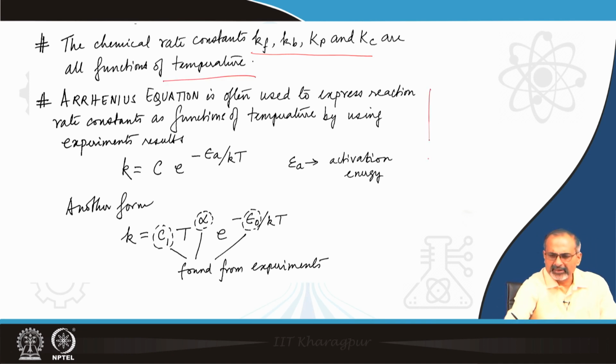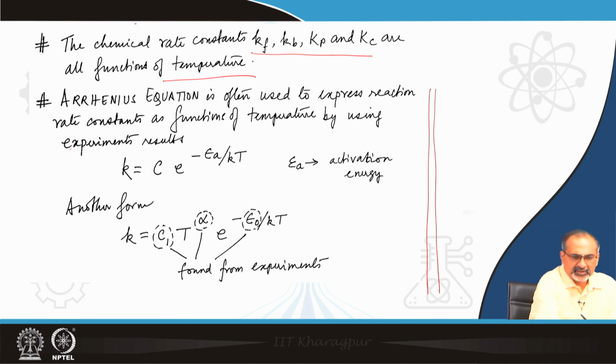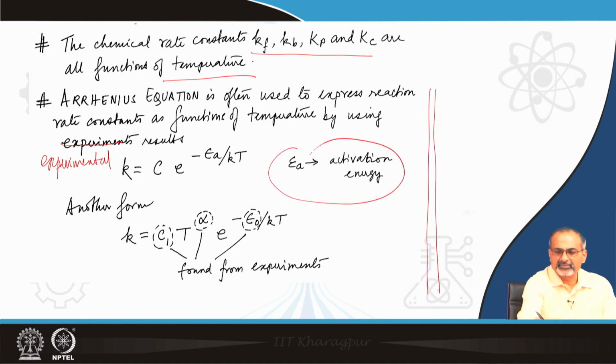Then came an important equation, the Arrhenius equation, which is often used to express reaction rate constants as functions of temperature by using experimental results, and we saw some functional forms here, k equal to C e to the power of minus epsilon_A by kT, where epsilon_A happens to be the activation energy.